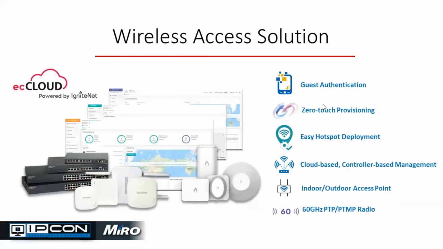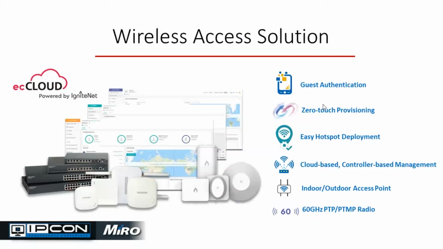And just in summary here, the last thing that we wanted to highlight is the wireless access solution that they've just launched. As I mentioned in the beginning, the Accton Group owns both EdgeCore, which is your switching solution, as well as IgniteNet, which is your outdoor wireless solution.